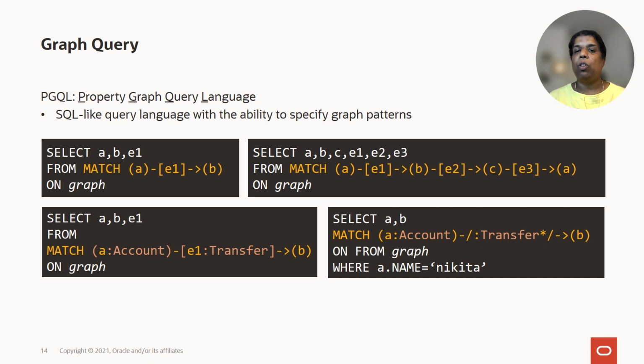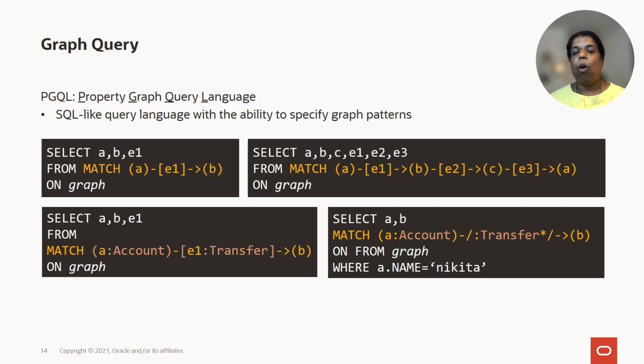So you're saying, I want to start with a vertex of type account, where the account holder's name is Nikita. And I want to look at all paths that are available from this particular account. So the transfer star indicates 0 or more hops of edges with the label transfer.